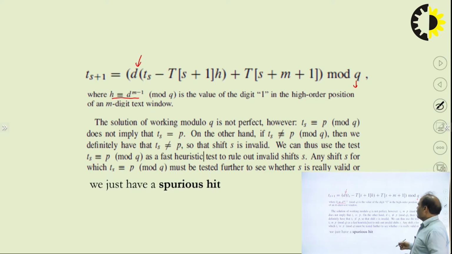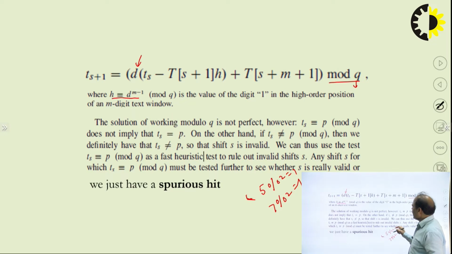If you are aware of the modulus system, modulus q, if you see 5 modulo 2 is 1. It is not only 5 modulo 2 that is 1; even 7 modulo 2 is 1, right? So we cannot say that if two strings have the same modulus, then they are equal. Look here, both 5 and 7 have the same modulus, 1, but they are not equal.